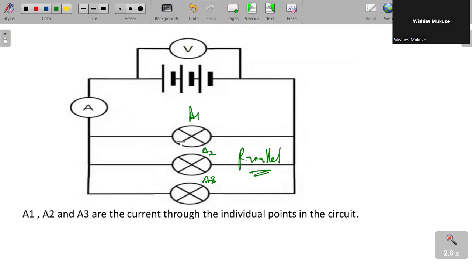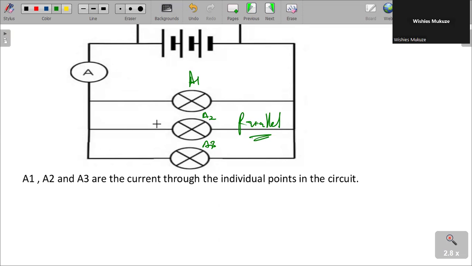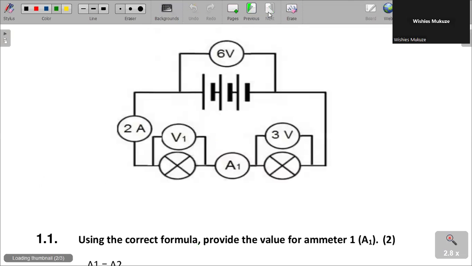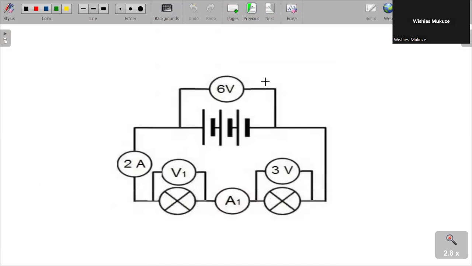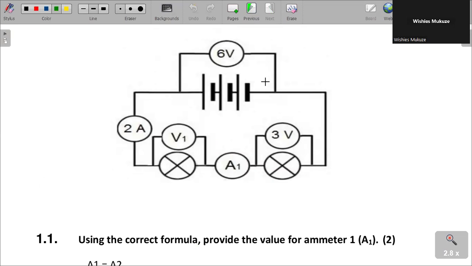So let's look into this. I have just attached some questions for reference here, just to make sure that we can refer to them and calculate various questions or relate to what we have just done. Using the correct formula, provide the value for ammeter 1, which is given with 2 marks.